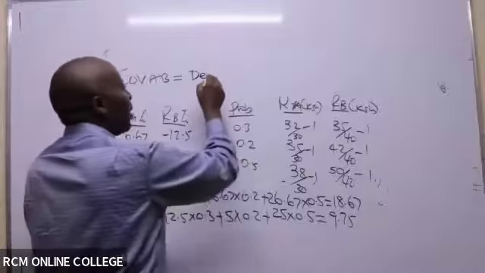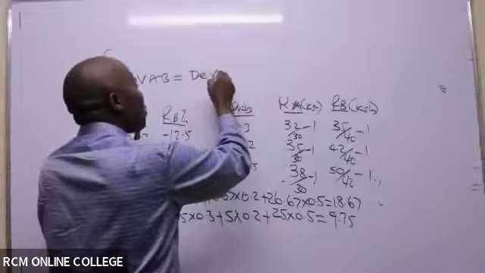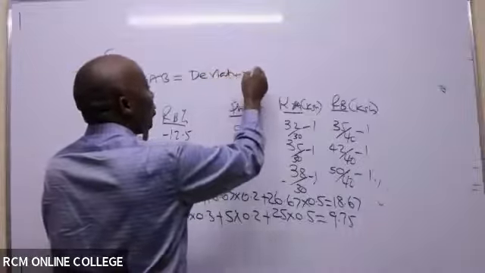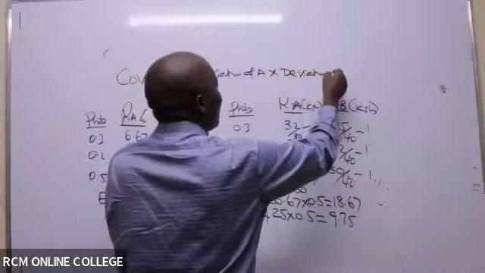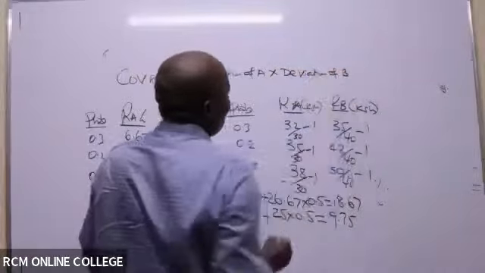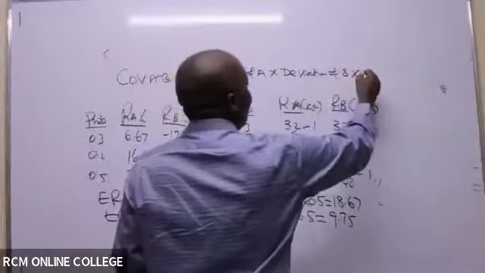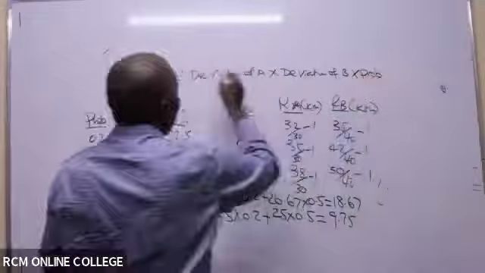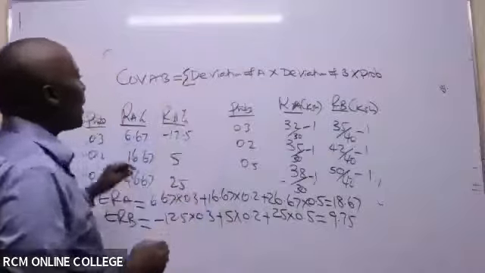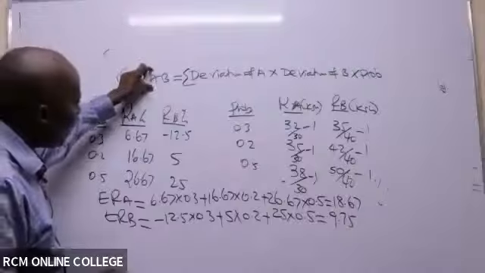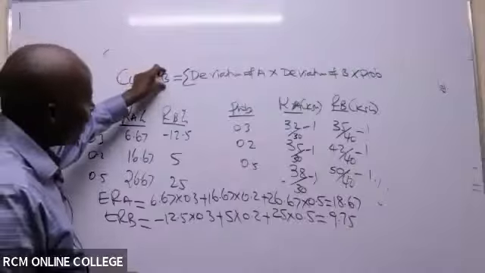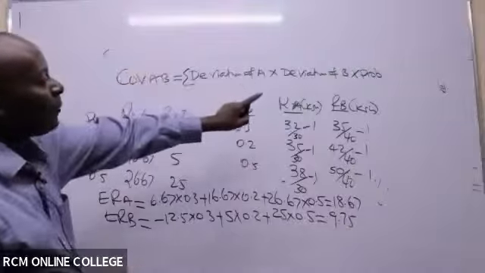So in this case you take the deviation of A times the deviation of B. And then you multiply in this case here with what? With probability, and then you add. So anytime we talk of covariance of A and B, you take the deviation of A times the deviation of B times the probability.